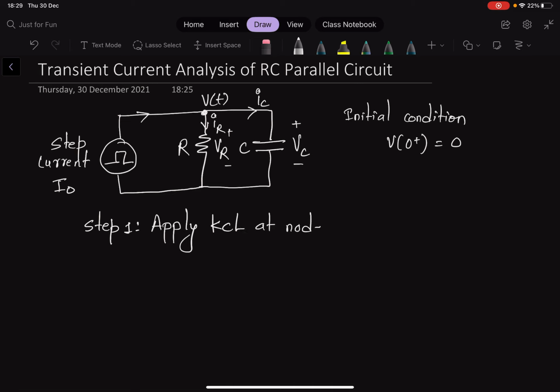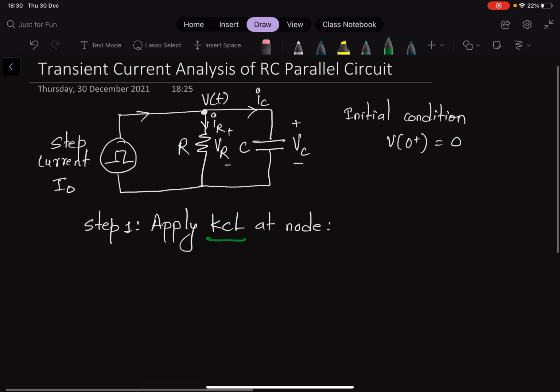This is what I have mentioned many times in my videos: if you are trying to analyze a parallel circuit, the first thing you need to do is apply KCL, which stands for Kirchhoff's current law. State that the current going into the node is equal to the current going out.